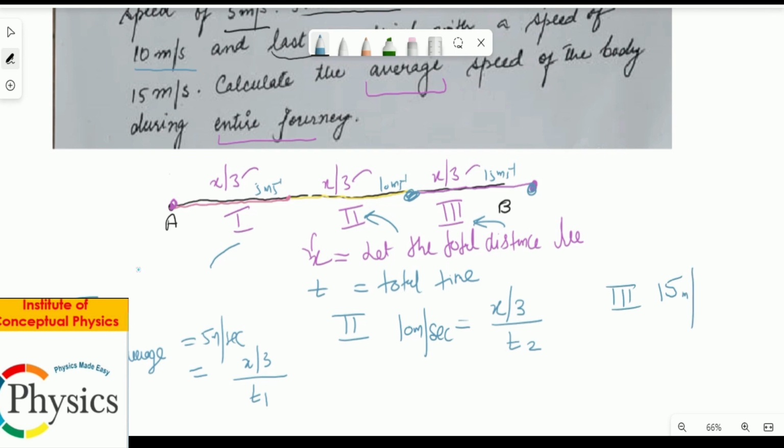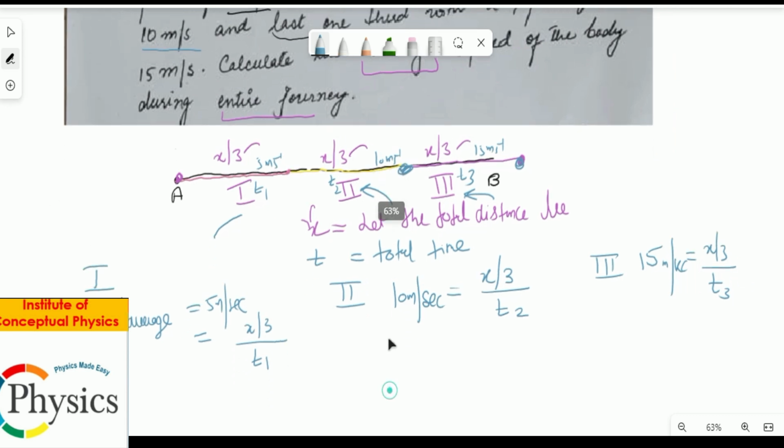So 15 meters per second is equal to x by 3 divided by t3. The last part of the journey takes the time t3, the second part, the yellow part, takes t2, and the first part takes t1.